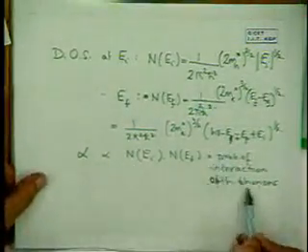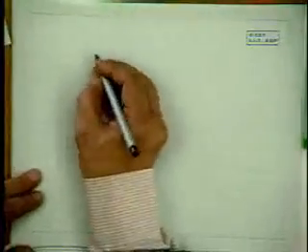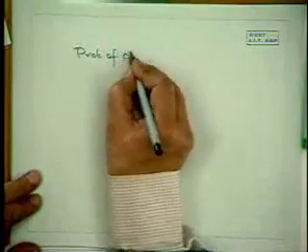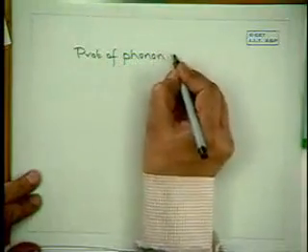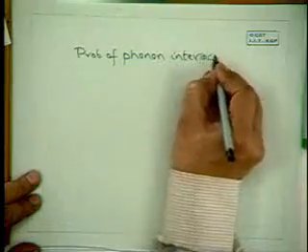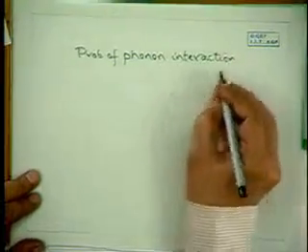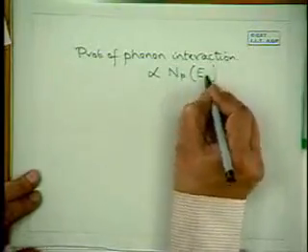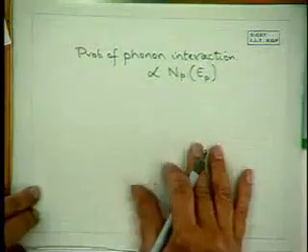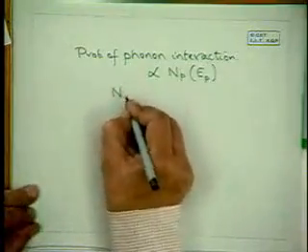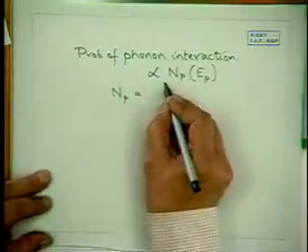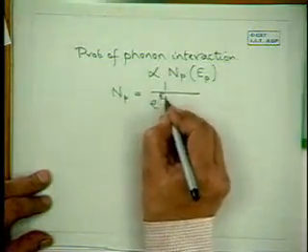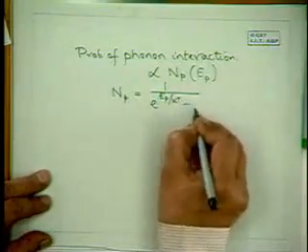So, what is the probability of interaction with phonons? Probability of phonon interaction is obviously proportional to the number of phonons having the right energy EP, and we know that from Bose-Einstein statistics NP is equal to 1 by e to the power EP over KT minus 1.